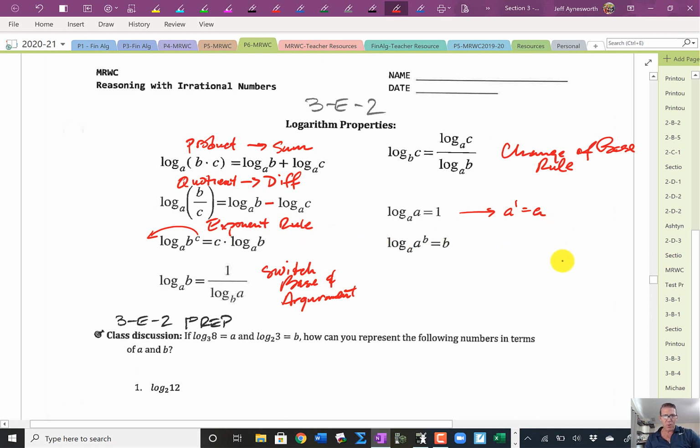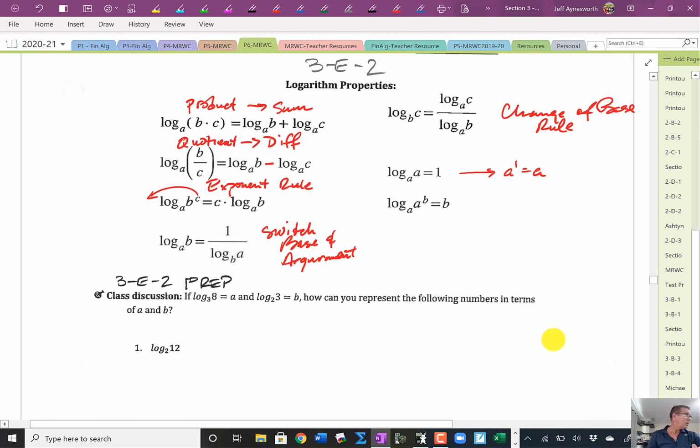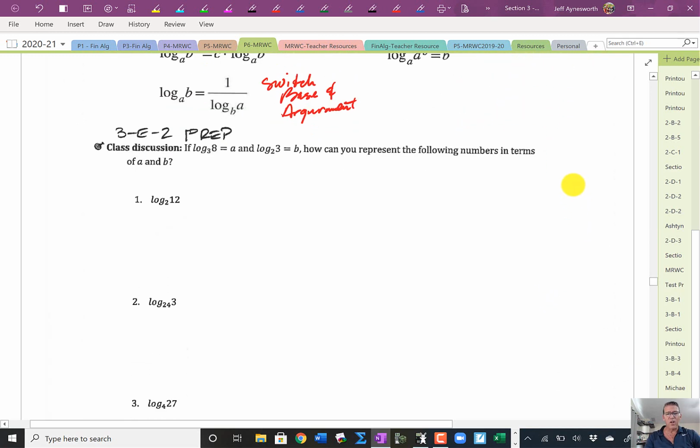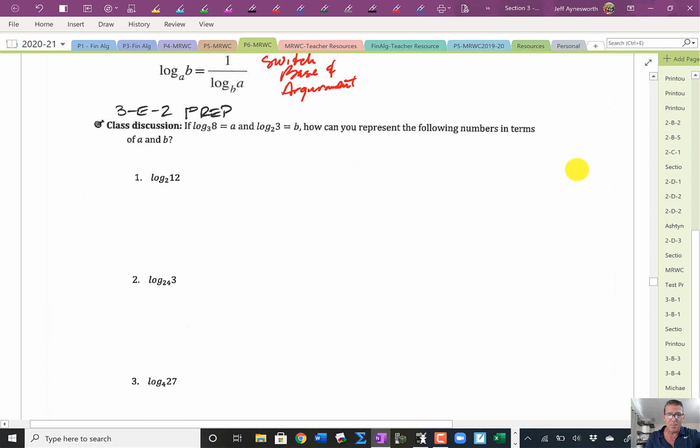So you got all these properties here, guys, and what you want to do is figure out what all of these are equal to in terms of A and B. All right, so given that log base 3 of 8 is A, and also given log base 2 of 3 is B, how can you represent the following numbers in terms of A and B?